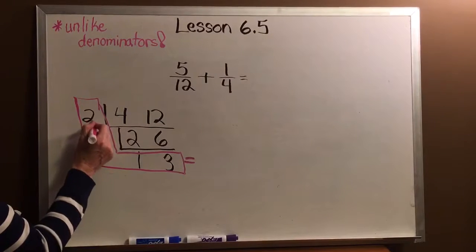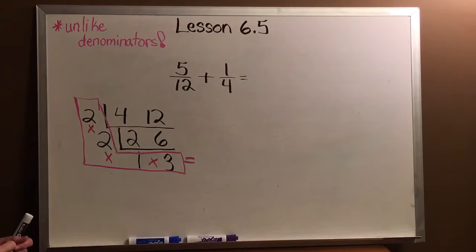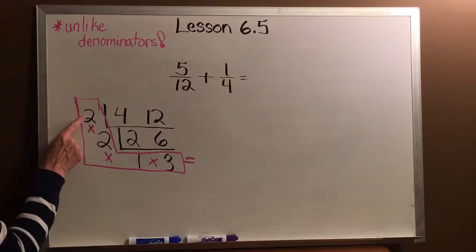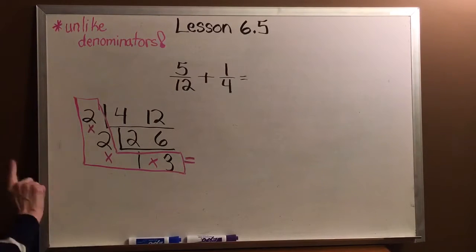When we do that, we can multiply. We're multiplying 2 times 2 times 1 times 3. You might want to pause right now and do that. Test yourself. See if you get what I get.